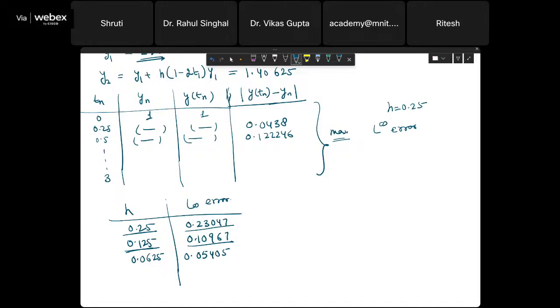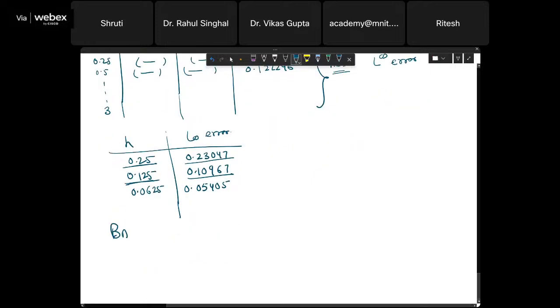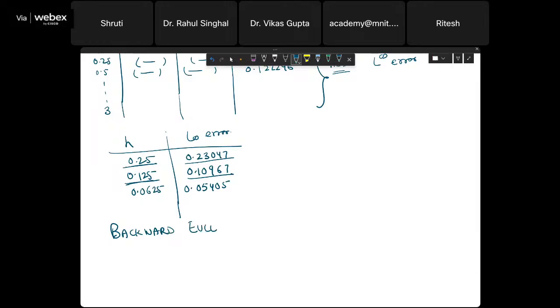We will see. Before that, let me give you the backward Euler method. Once I define the backward Euler method, then we will go for the truncation errors. From there, you will understand the order of the numerical method, and how we calculate the local truncation error and global truncation error.